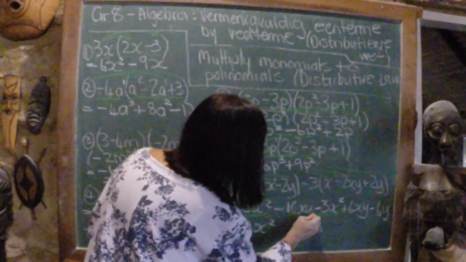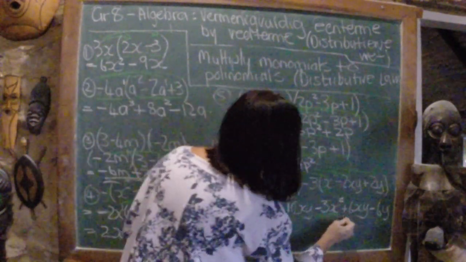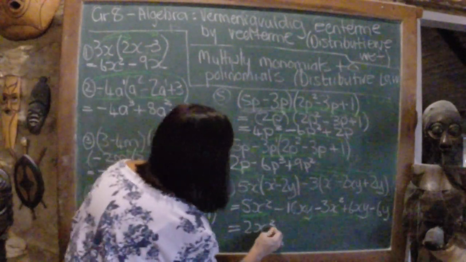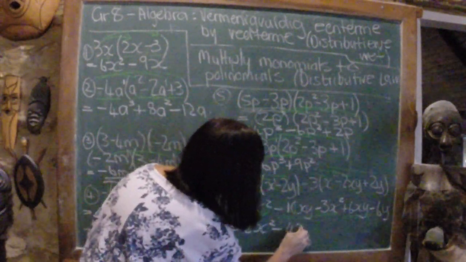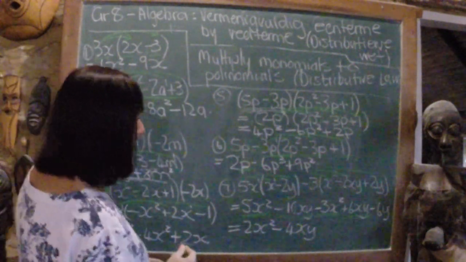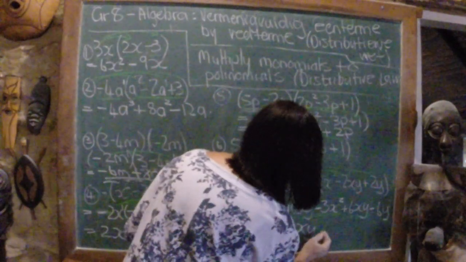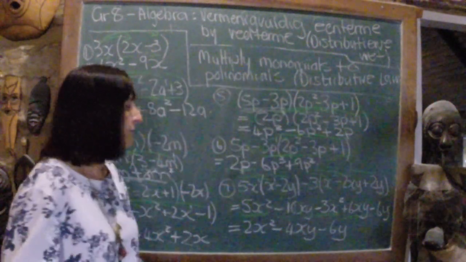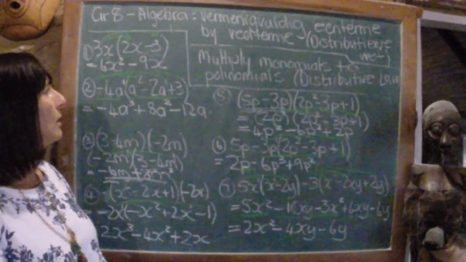Ek het 'n minus 10xy and a plus 6xy. That gives me minus 4xy, want hulle is van dieselfde soort. En dan het ek 1 minus 6y oor wat nie maatjies het nie, and that's my final answer. Dis my finale antwoord.